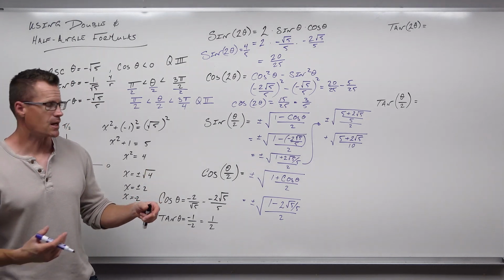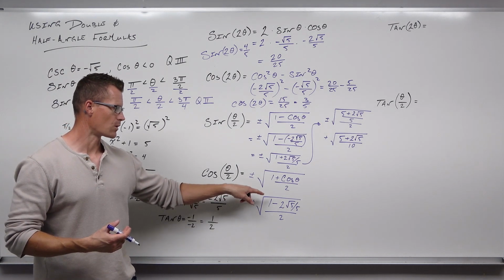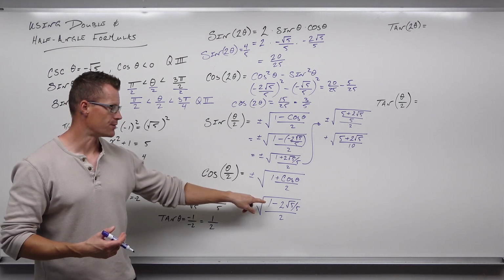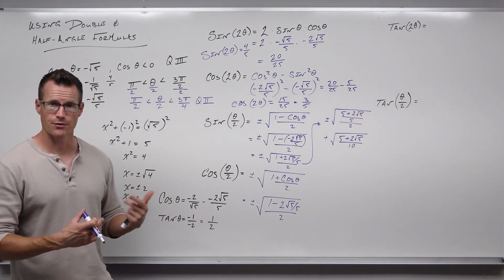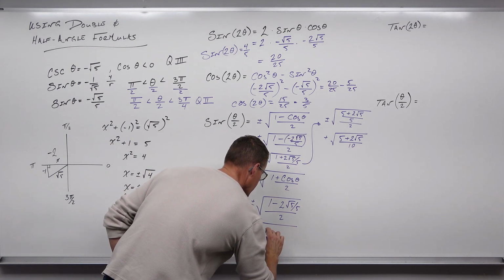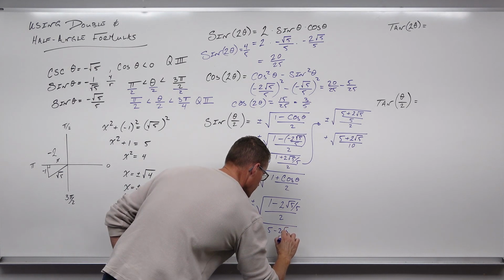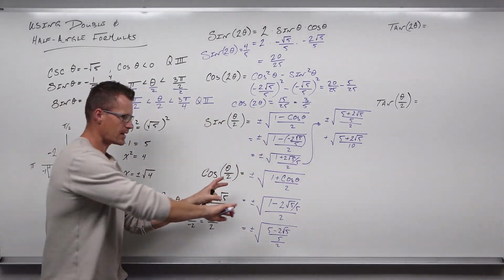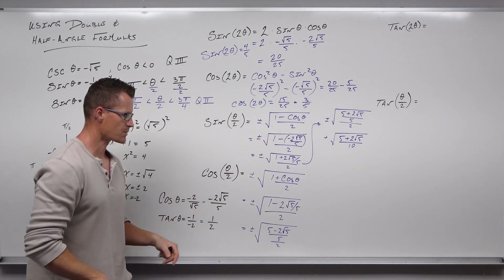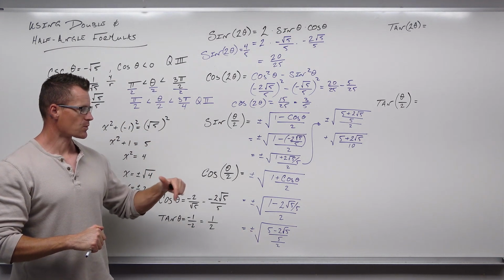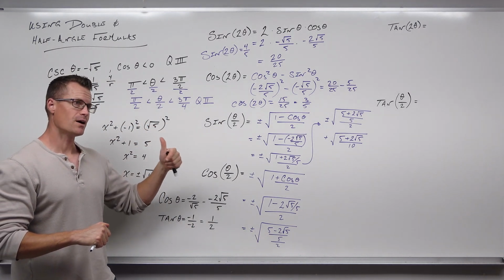So we find a common denominator again. You can write 1 as 5 over 5. So 5 minus 2 square root 5 over 5, all over 2. We're going to do the same thing, that whole multiply by the reciprocal or multiply your denominators. We're going to get plus or minus square root of 5 minus 2 square root 5 over 10.